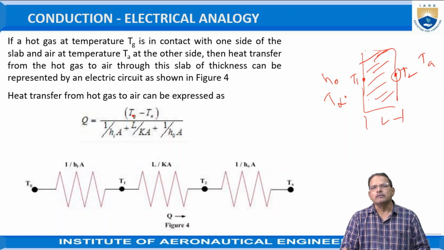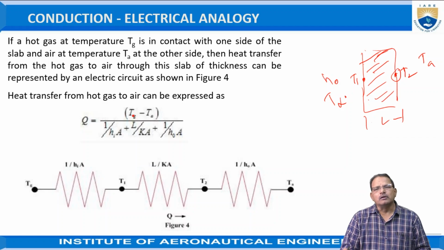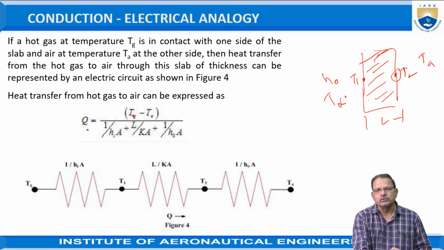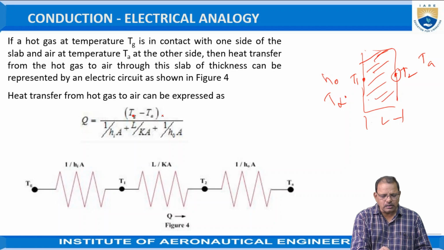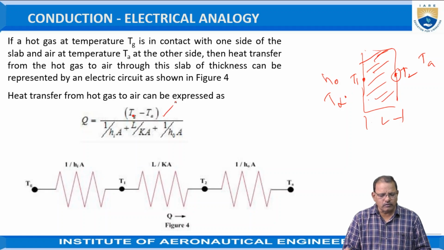According to this, the flow of energy from the hot fluid to the air through the material is given by Q equal to T alpha minus TA divided by 1 by HiA plus L by Ka plus 1 by HoA.